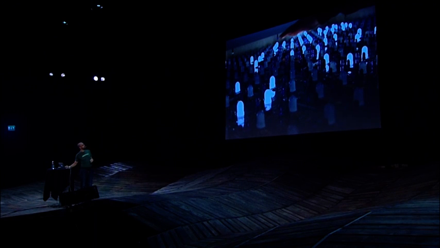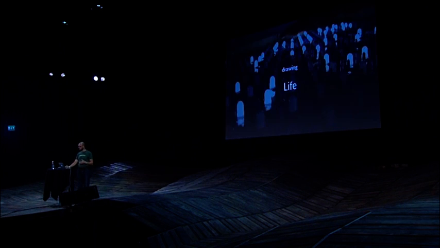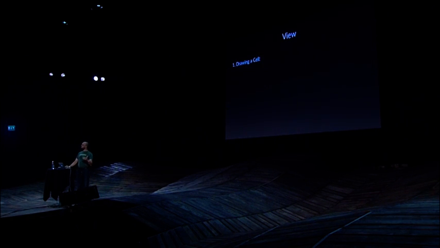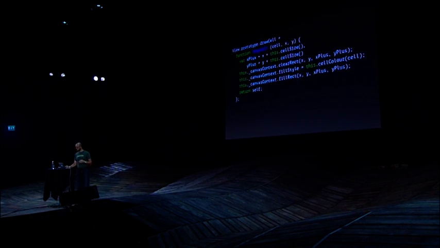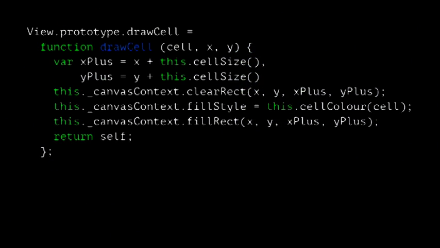At some point, we want to display it. Perhaps we will use something like this, but perhaps not. For the sake of this, since we're talking about JavaScript, we'll do something with a canvas. Our view will be responsible for drawing a cell. And here's some code for that.